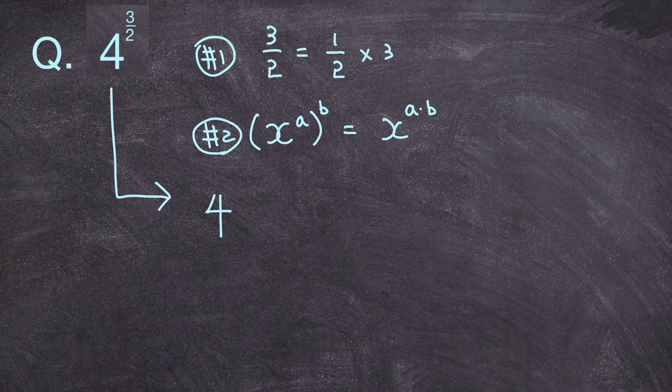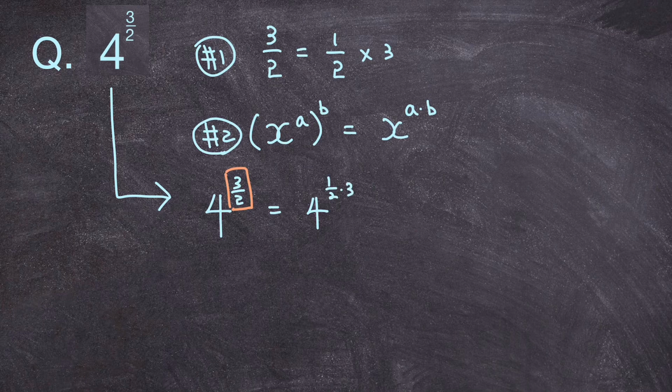Since I have 4 raised to the power of 3/2, I'm going to break down this number right here into these 2 numbers and rewrite the whole thing. 4 raised to the power of 1/2 times 3.